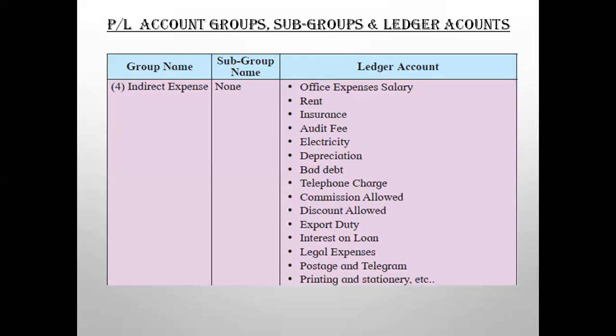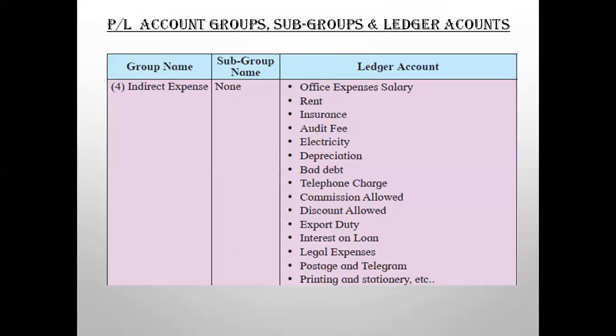Study the full table carefully, both the balance sheet and the profit and loss account groups, the subgroups and the ledger information. All this information will be used in our practical problems. So at that time you should be thorough with all these classifications: what ledger is to be classified under what group or subgroup.